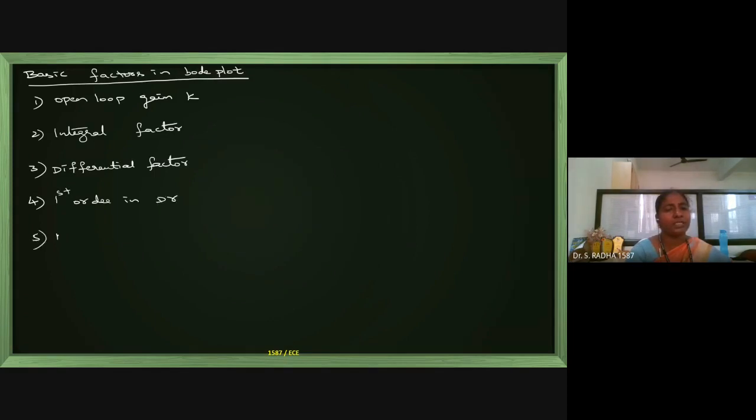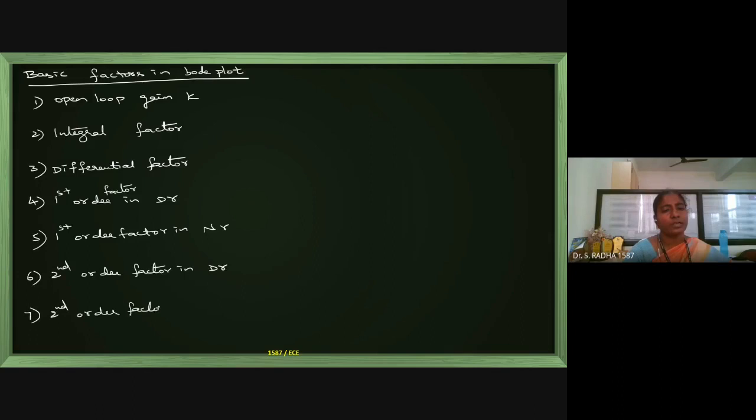Fifth one is the first order factor in numerator. I will show you all this with an example. Sixth one, second order factor in denominator. Last one is the second order factor in numerator, and so on.